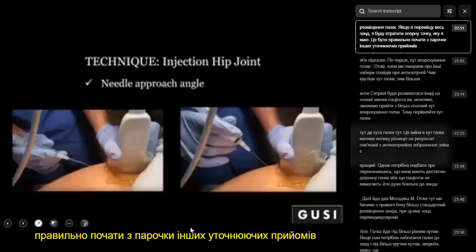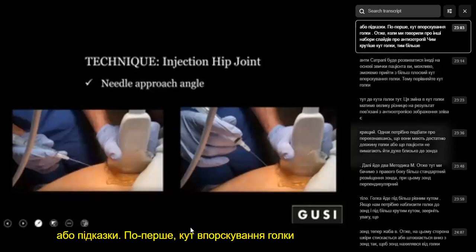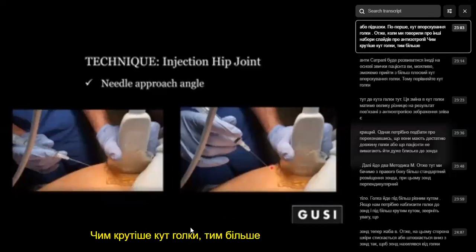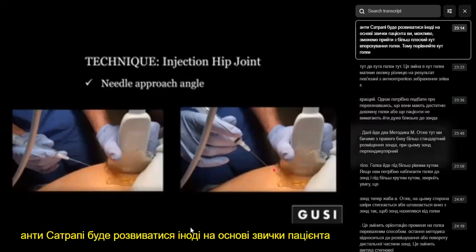A couple of other clarifying techniques or tips. First off is the needle injection angle. So when we talked in other slide sets about anisotropy, the steeper the needle angle, the more anisotropy will develop. Sometimes based on the patient's habitus, we may be able to come with a more flat needle injection angle.